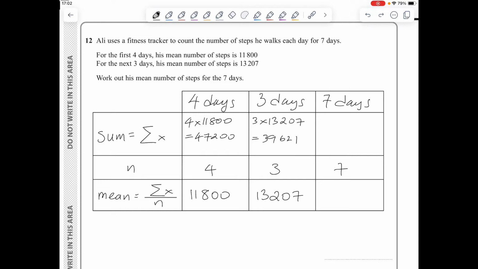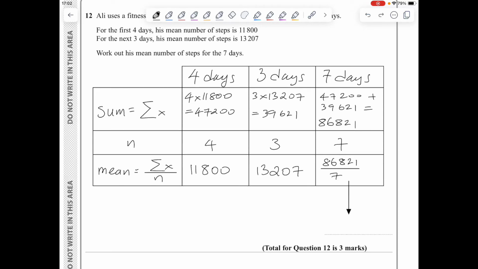And the sum for the 7 days is equal to 47,200 plus 39,621. And this comes out to be 86,821. So the mean for the 7 days is 86,821 divided by 7, and this comes out to be 12,403.